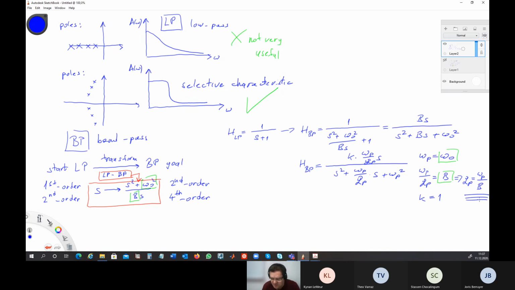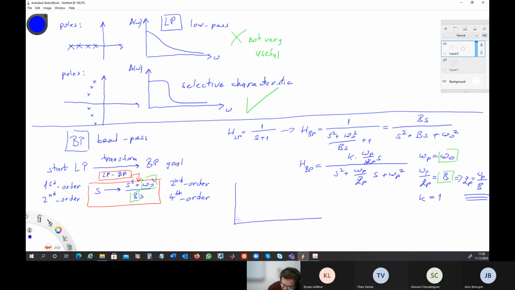Now we try to plot the characteristic of the bandpass. The bandpass characteristics look like this. For example, it can have this form. Here is the magnitude characteristic, which has a maximum equal to K, which is equal to 1.